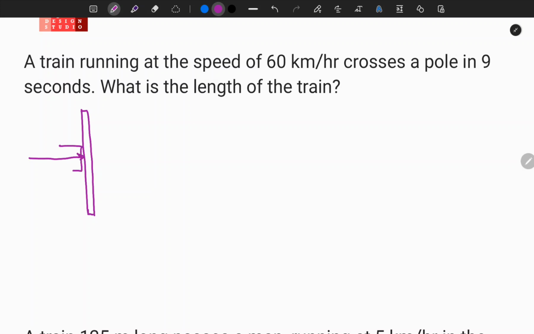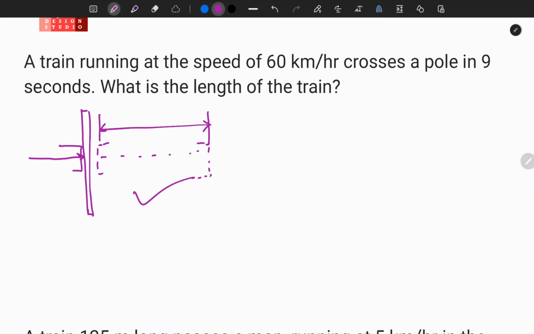This is the initial point of the train, and then eventually your train passes it. So when the entire length of the train is covered, which is this distance, we can say that the train has successfully passed the pole, crossed the pole.